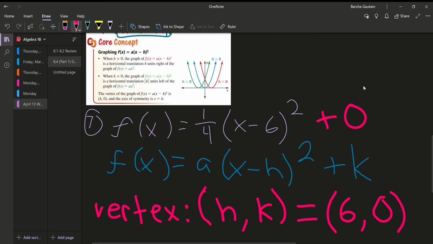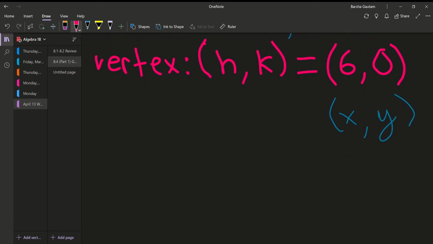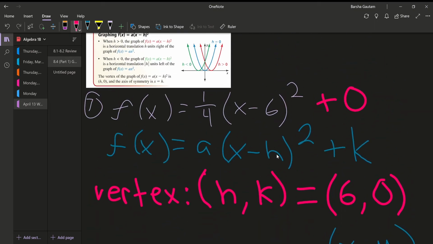Okay, so we have our vertex, and the question asks us to find both the vertex and the axis of symmetry. So what is my axis of symmetry here? It's going to be the 6, right? Here on the bottom, we can write (x, y). And remember, the x of our vertex is going to be our axis of symmetry. So let's write that down over here. Axis of symmetry. If you don't want to use the vertex to figure it out, you can also look at this.